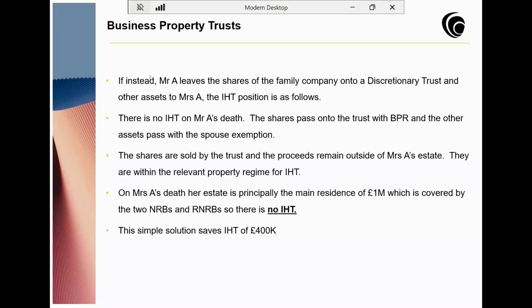Okay, so the proceeds would remain within the trust, subject to the relevant property regime for inheritance tax, but that's perhaps a small price to pay for avoiding inheritance tax on that £1 million. And therefore, in that simple scenario, a quite simple solution, potentially it saves inheritance tax of up to £400,000.